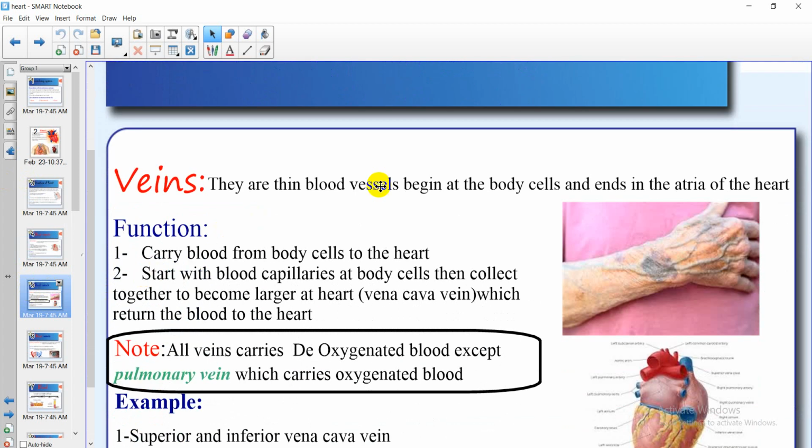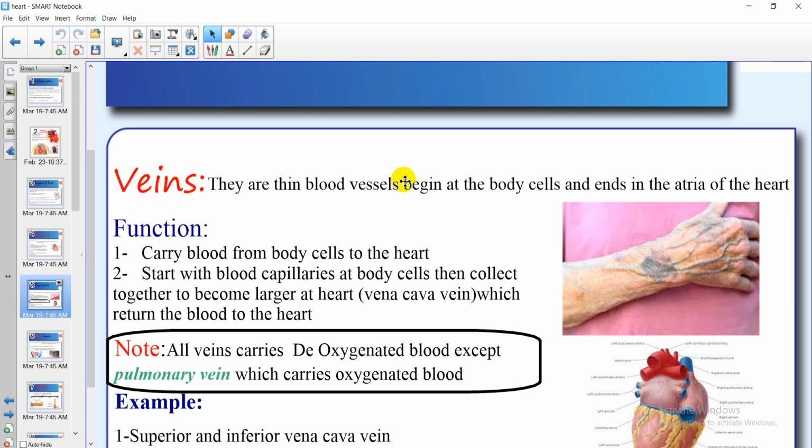Veins are thin blood vessels. They start thin at our body cells and go to the heart, and become large in the heart.